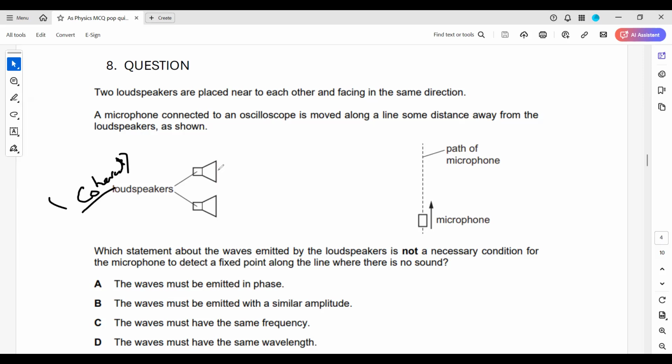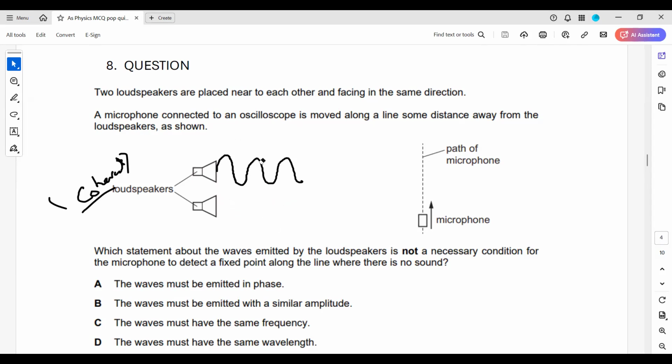In phase means that if this is emitting a crest, this is also emitting a crest. But to observe the interference pattern, we can have two waves where one is emitting a trough and the other is emitting a crest, but they should be coherent. When we say coherent, every time the same phase relation is coming out, so we can observe the interference pattern clearly.